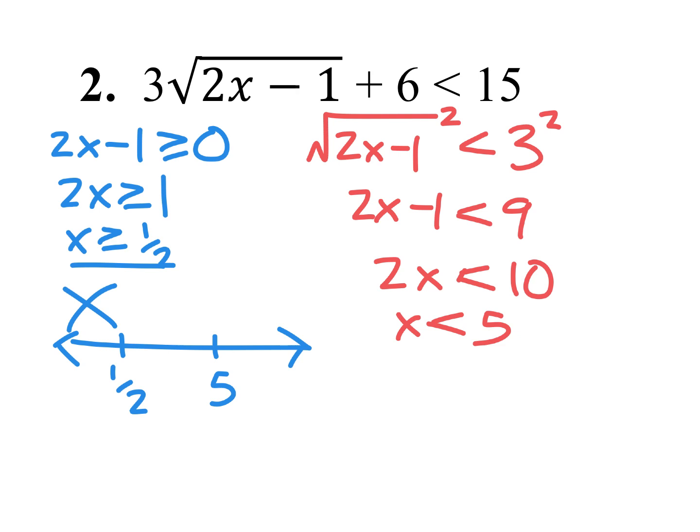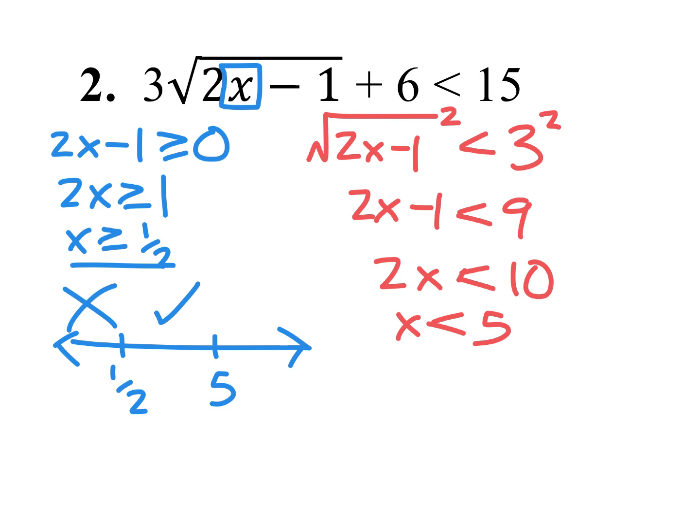I noticed that if I plug in a 1 right here, then I get a nice radicand. So plugging in 1, 2 times 1 is 2. 2 minus 1 is 1. The square root of 1 is 1. Multiply that by 3. 3 plus 6 is less than 15. So plugging in 1, it works.